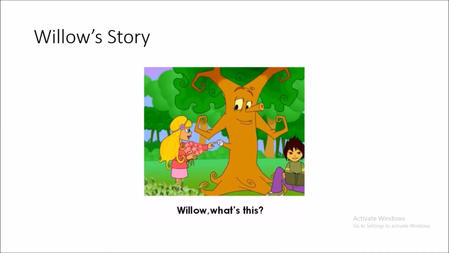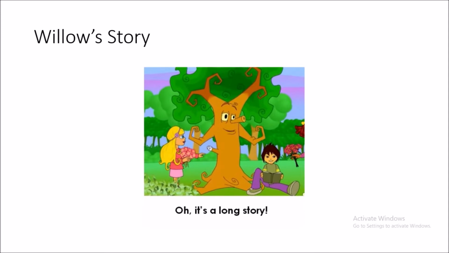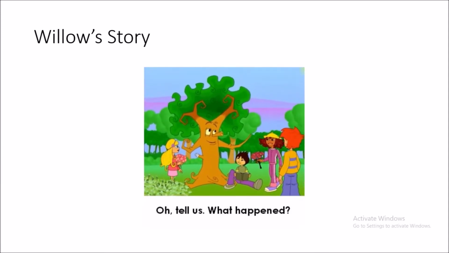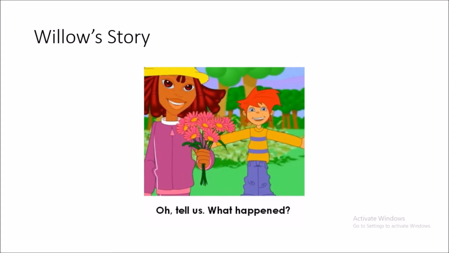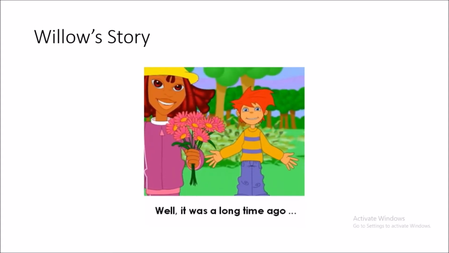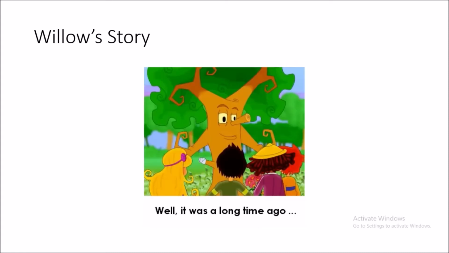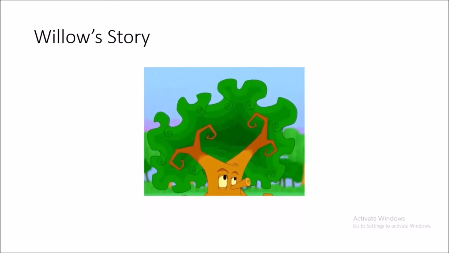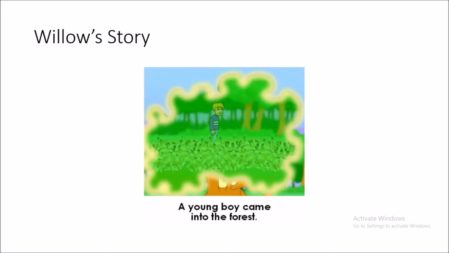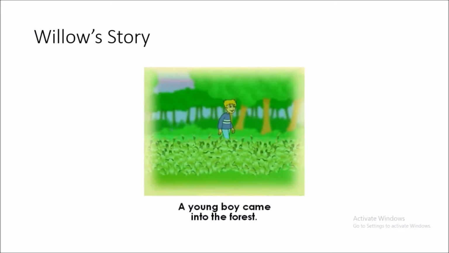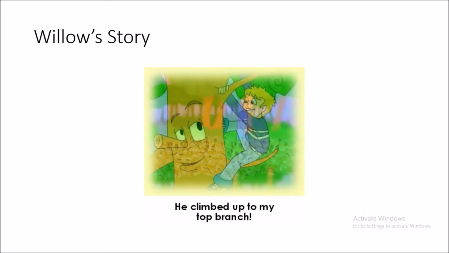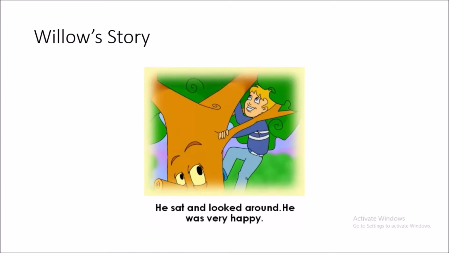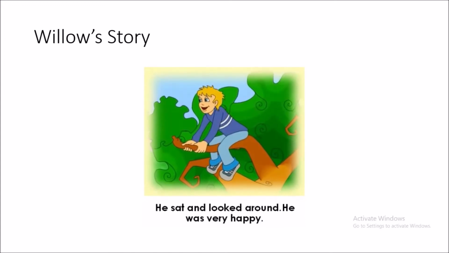Willow, what's this? Oh, it's a long story. Oh, tell us, what happened? Well, it was a long time ago. A young boy came into the forest. He climbed up to my top branch. He sat and looked around.